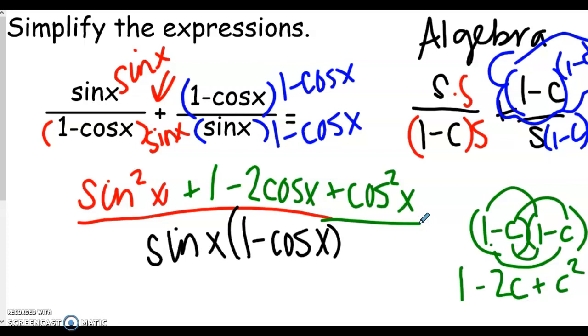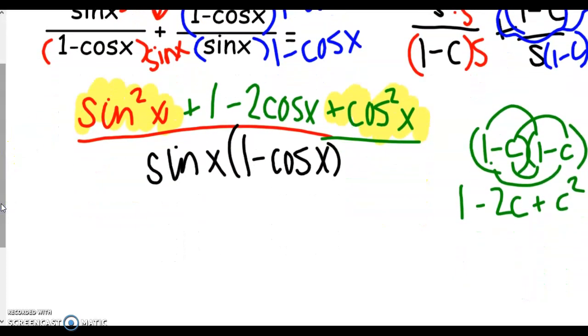And actually, I see something that is super nice. Now, given it's not all together, but let's do this. I'm going to highlight something. Look at this. What do you see here and here? You can do these in any order. So I've got a sine squared x and a cosine squared x.